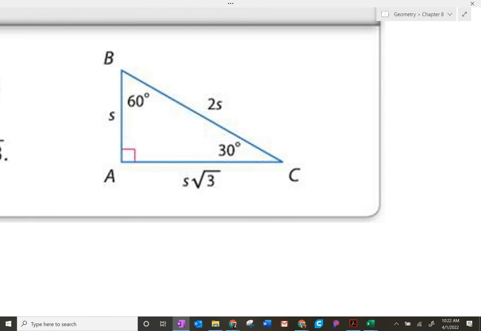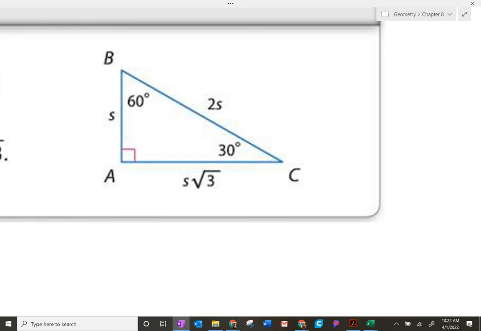If you can figure out this side, the one that's opposite of the 30 degrees, the hypotenuse will be 2 times the S. The other leg, the one opposite of 60, will be S times radical 3. Again, when we choose some numbers, I can show you with the Pythagorean theorem, but it'll always work out this way.